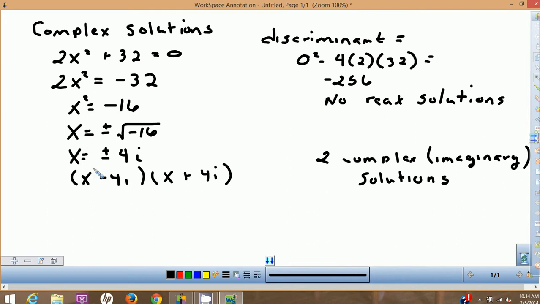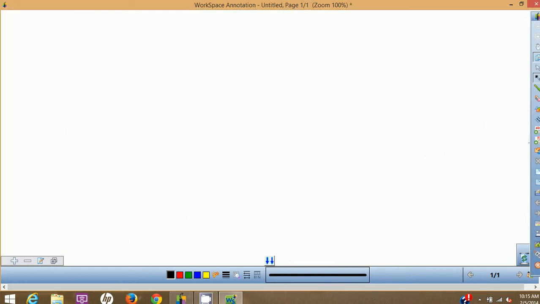All right, so what if our quadratic was just a little bit more complicated and we had to use the quadratic formula? It still works. You still have the same sort of situation. Let's take this quadratic, 2x squared minus 3x plus 5 equals 0.